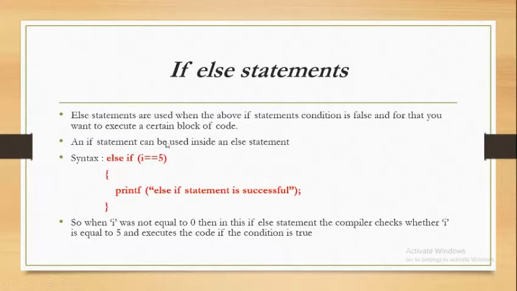In VS Code we wrote I is equal to 4. So if I is not equal to 4, then else if I is equal to 5, then print out this. If the above if condition is false, and then if I is equal to 5, then it will print this.